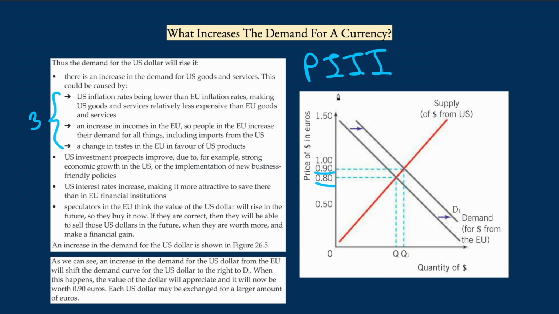So if you're ever given a graph like this and you need to quickly distinguish whether the US dollar appreciated or depreciated in an exchange rate, you can simply look at the equilibriums. If the original equilibrium is below the new equilibrium, then the value appreciated. If the original equilibrium is higher than the new equilibrium, then the currency depreciated in value.